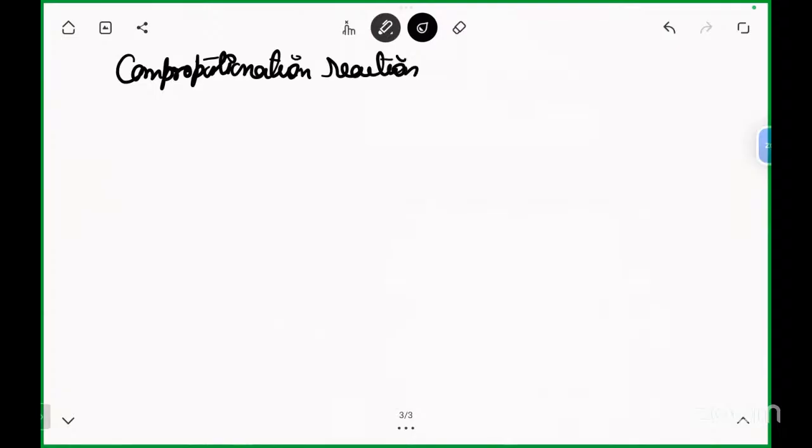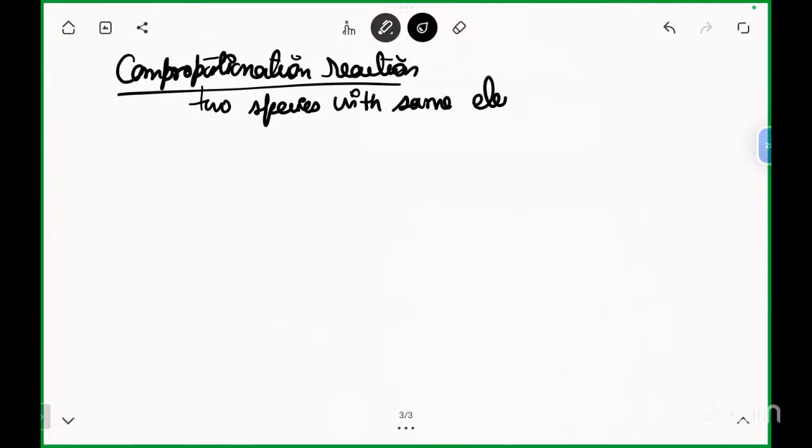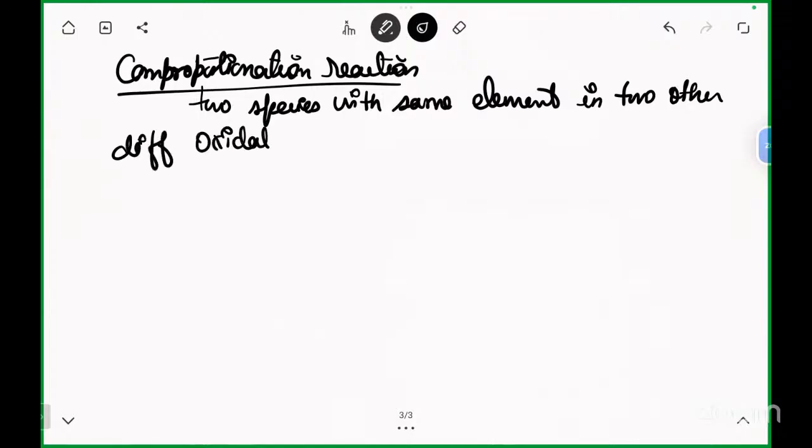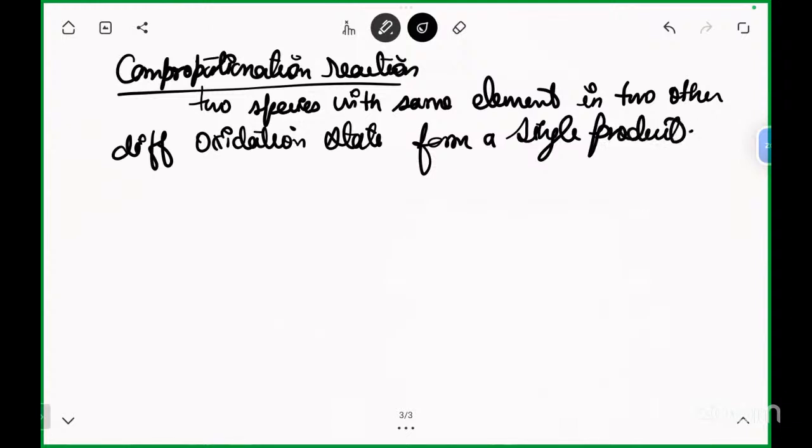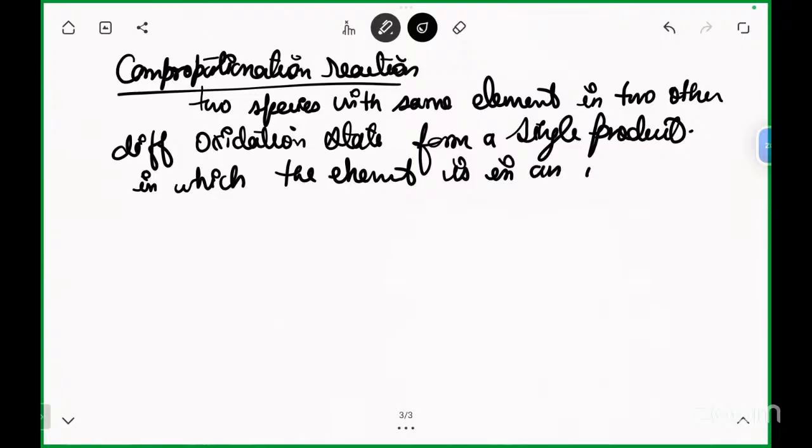Comproportionation means two species of the same element with two different oxidation states form a single product in which the element is in an intermediate oxidation state.